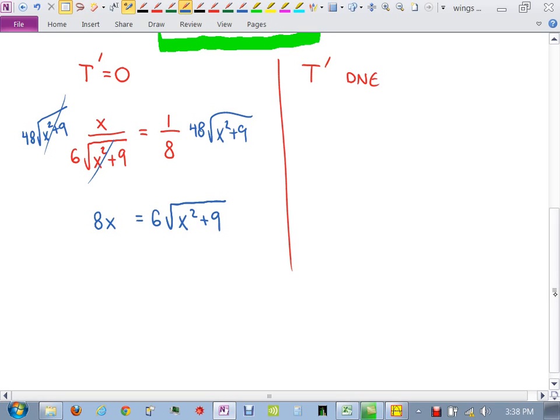So I'm going to go ahead and square both sides right now. Let's just do it. I'm doing this because I want to get rid of the root, right? I get 64x squared equals, I have to square the 6, 36. I have to square the square root. When I square the square root, it goes away. But I have to leave it in parentheses so that I can distribute the 36 through. Questions?